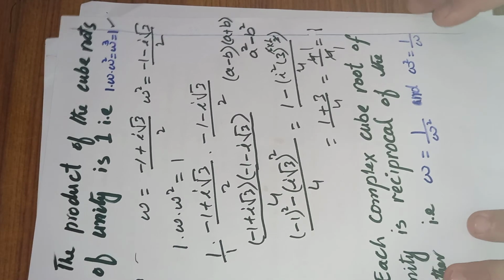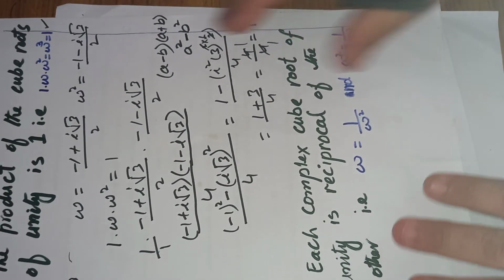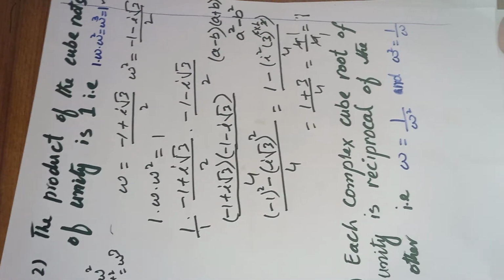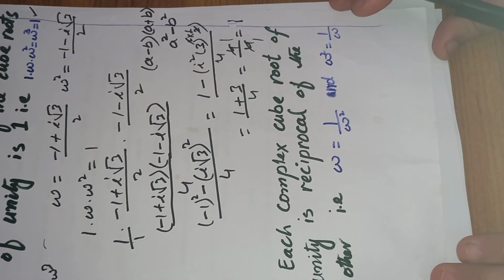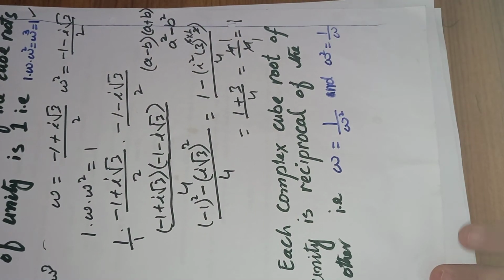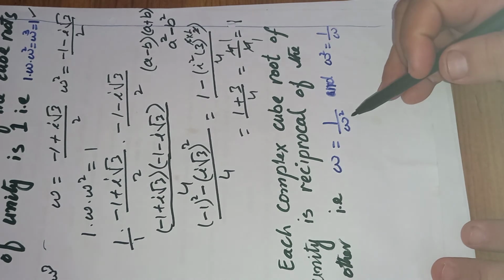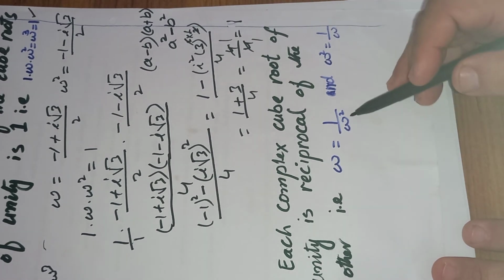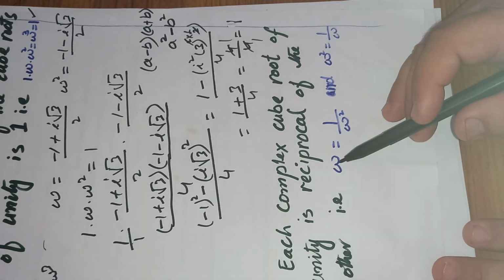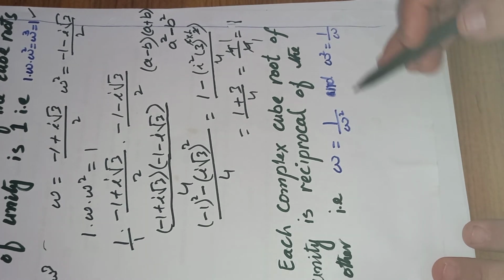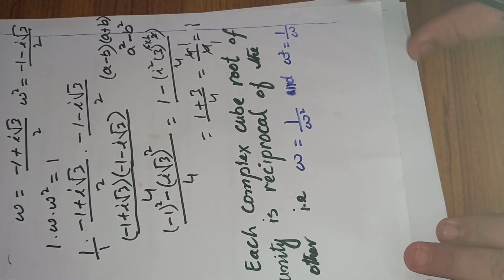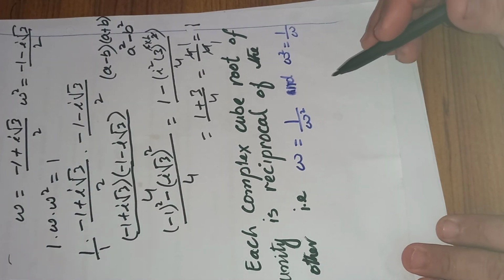Now the last but not the least is the property in which we say each complex cube root of unity is the reciprocal of the other. Omega and omega square are the two complex cube roots, and both are reciprocals: 1 over omega square for omega, and 1 over omega for omega square.